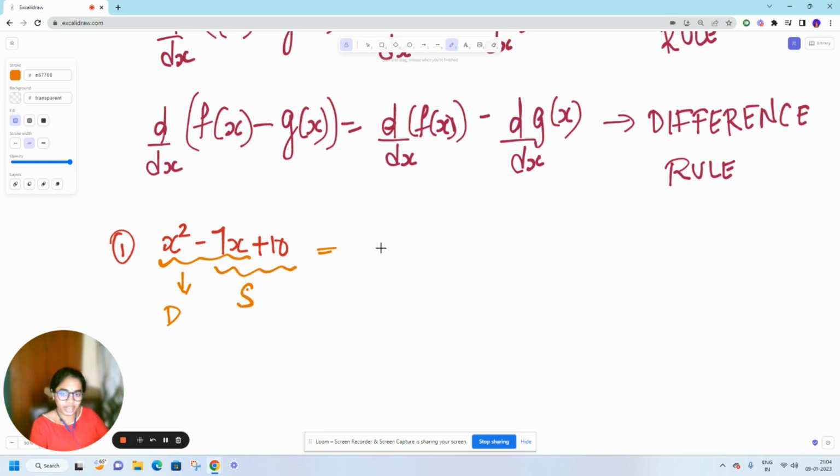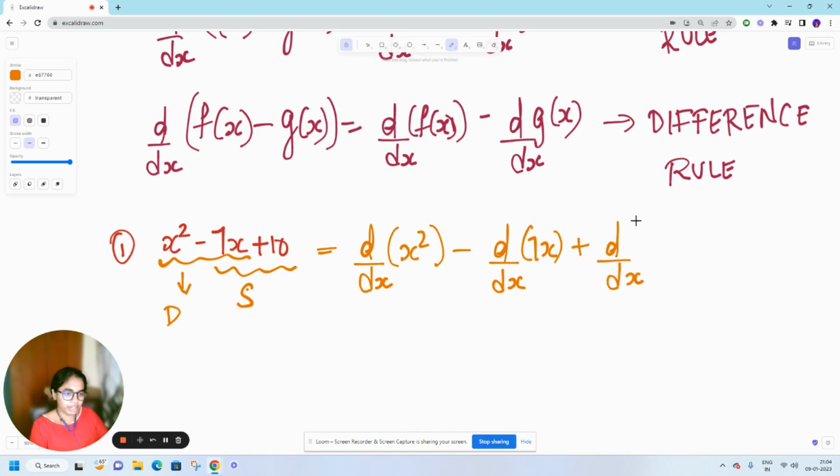Can I write this as d by dx of x square minus d by dx of 7x? This is from our difference rule. Since I have plus here, I can apply the sum rule, d by dx of 10. It basically means if you have plus or minus in between the given terms, you can take d by dx, that is the derivative, of each term.